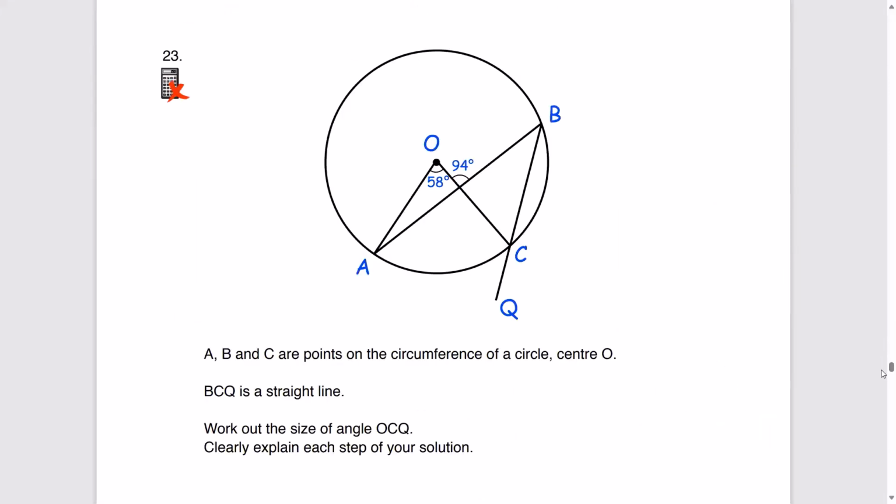So you want to work out the angle OCQ. That is this angle here. All right. So we know this angle here will be double, or half of it, the angle at the center. So here's going to be 58 divided by 2, which is 29.